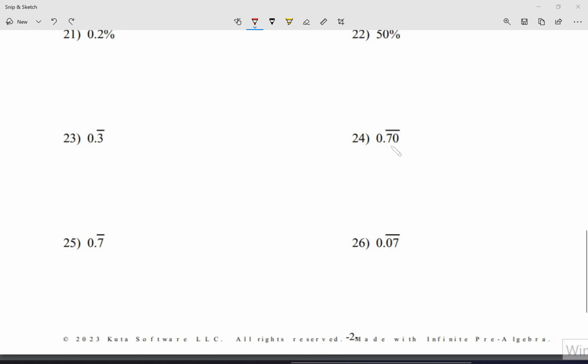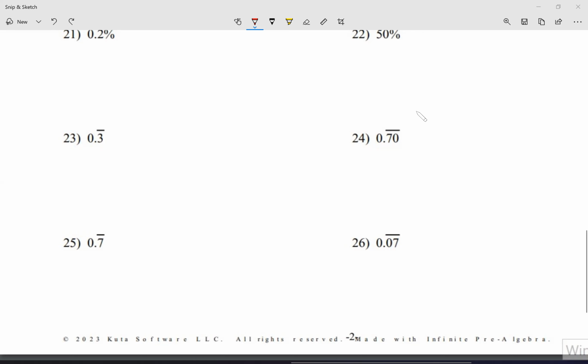Question number 24, this is like 0.70, 70, 70, 70, on and on. I repeat the 70 because my line is over the number 70. If it was only over the 7, I only repeat the 7. Kind of like here, 0.7, my line is over the 7, so 0.77777777, on and on.